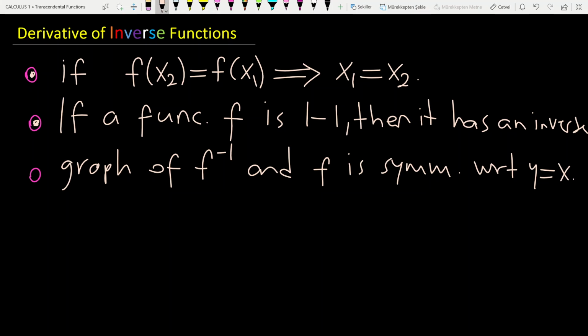So the graph of f inverse is a reflection of the graph of f in the line y equals x. It is the third fact.